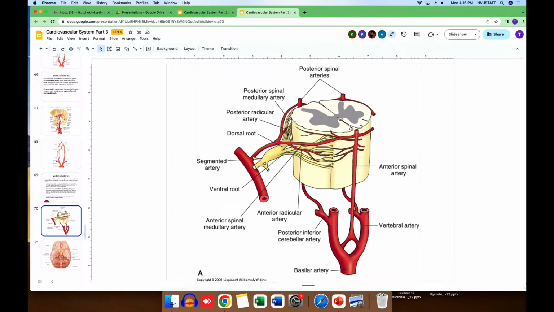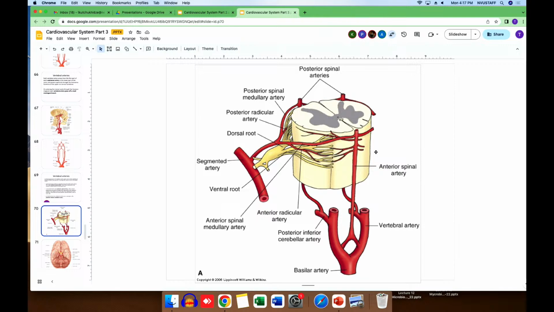Exactly on that side, closer to our anterior commissure, we have our anterior spinal artery, which descends through the anterior median fissure of the spinal cord.